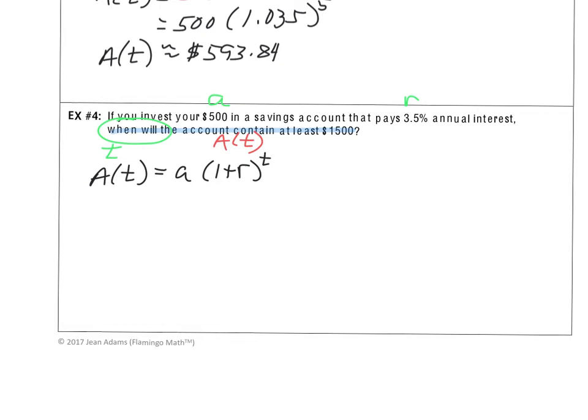We are going to put the $1,500 over here, equals, we know we still started with 500, and remember from our previous example that this interest rate converts to 0.035, and when added to 100%, it gives us 1.035, and then our t is what we don't know.